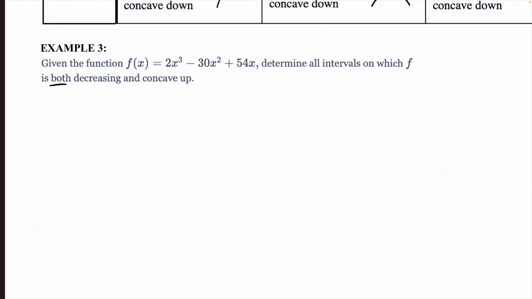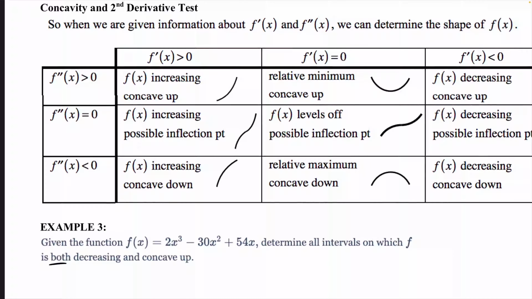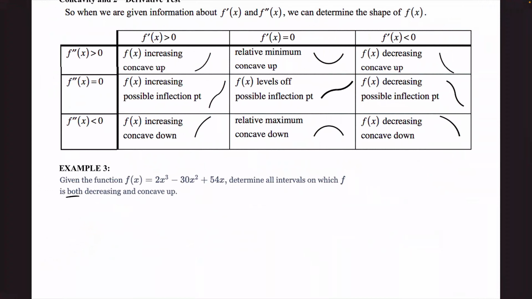It has to be decreasing and concave up. They're looking for that guy right here. So that's where the first derivative is negative and the second derivative is positive. So the first thing we have to do is find the first derivative.